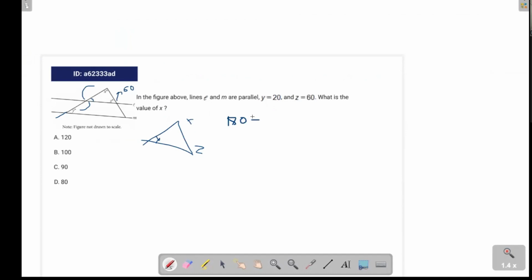So when you add this together, it's basically going to be X plus 80 equals 180. And then you isolate X by subtracting 80 from each side, and you're going to get X as 100. And our answer is going to be B.